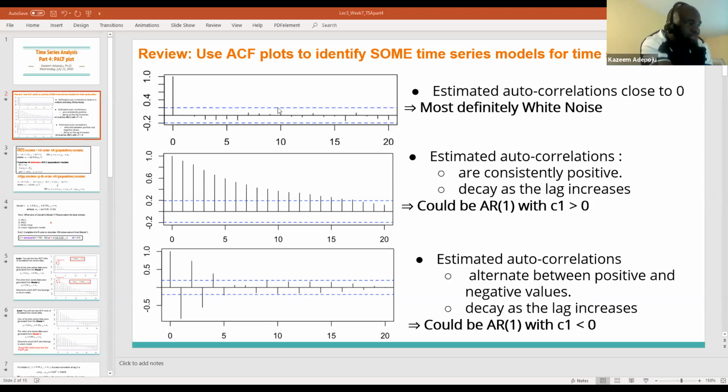So that is why this is telling us it's white noise, because you could have a model that is white noise. I told you the other time, a white noise model is a model that cannot be used for prediction.